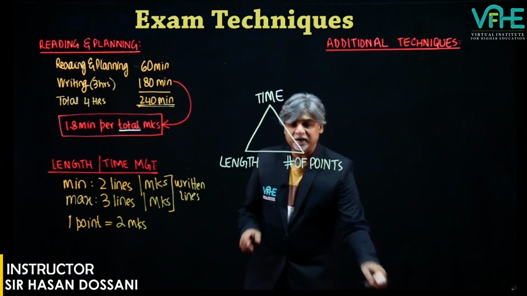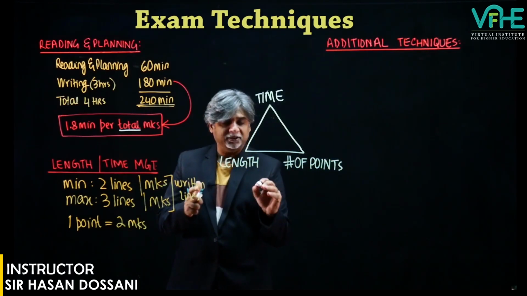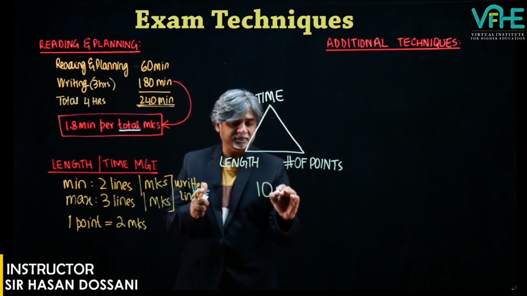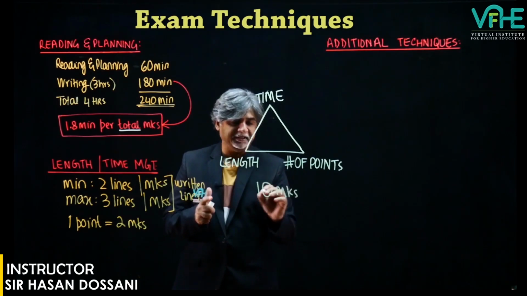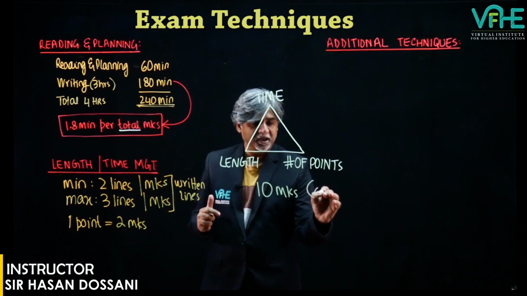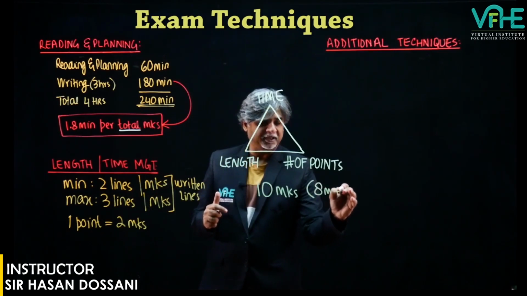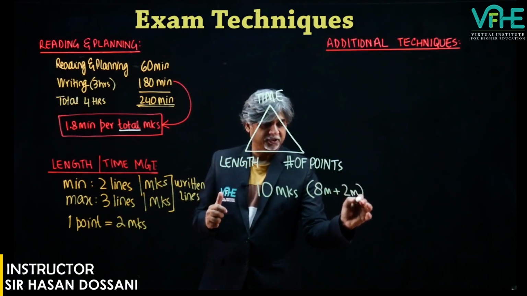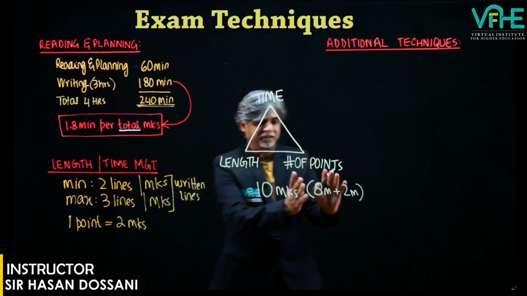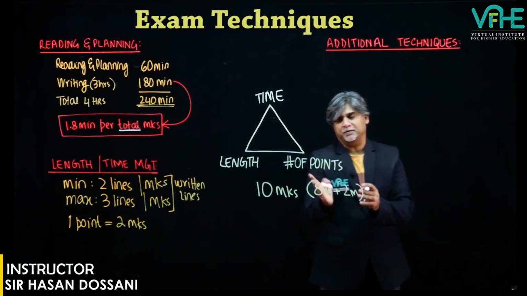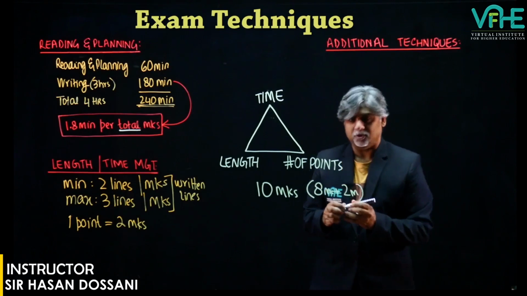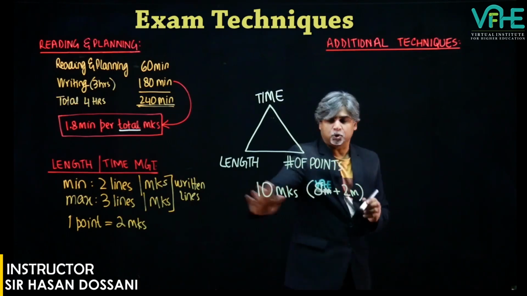So for example, if the question is of 10 marks, and this is total marks, which is basically 8 marks technical plus 2 marks professional. I'm not interested in the bifurcation because it will make things a little bit complicated. Let's focus on total marks.